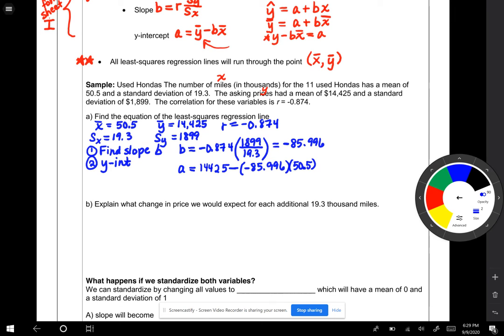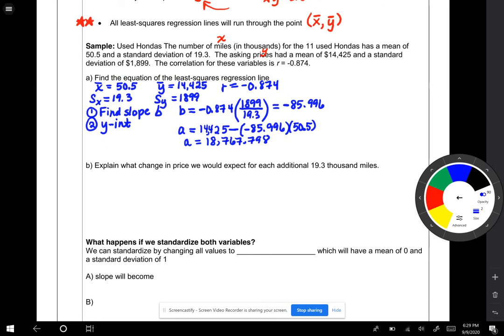This is going to become a positive here. I feel like I did something wrong. No, I didn't. It just looked like a bigger number than I thought. So a should give you, after you do all that math, 18,767.798. Looking back at our example, we got, using the calculator, 18,733.28, but that's close enough, because there's always going to be rounding errors. Now that we know a and b, we can write our equation.